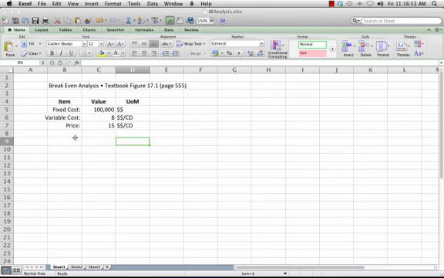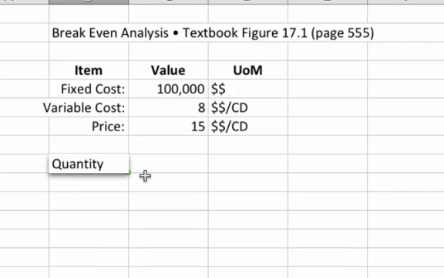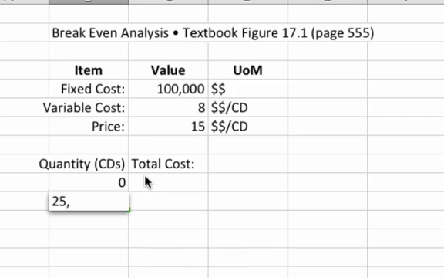Our x coordinates in every case are the quantity of CDs, and we'll start with the total cost. Now we're going to start at 0, and we're going to go up to 25,000.